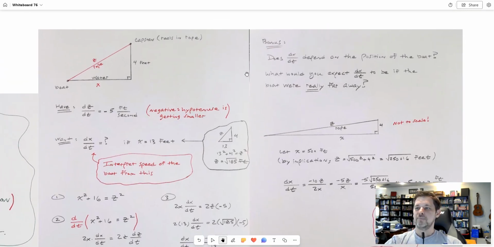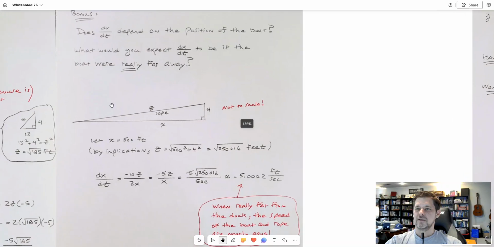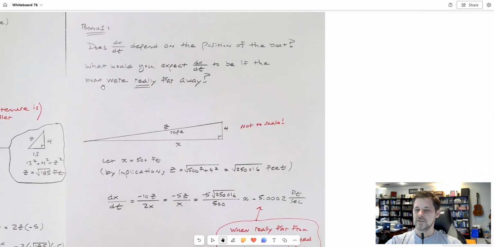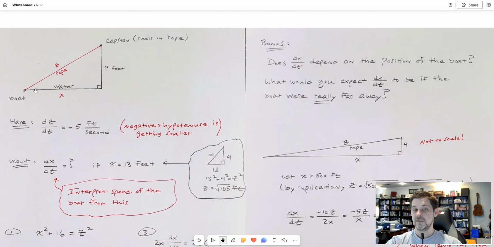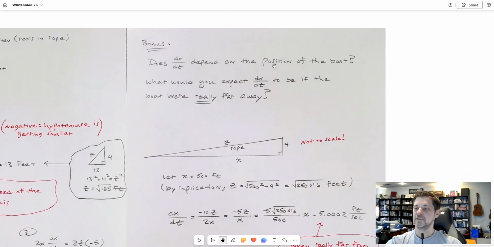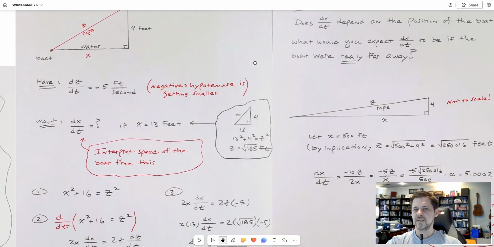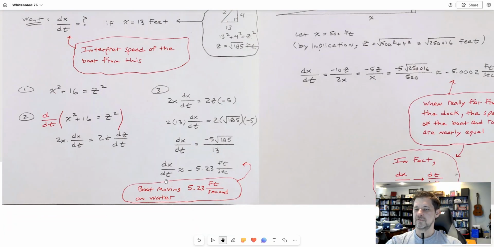Now, as a bonus, I want to explore this a little bit more. I've already answered the question on my math lab, and if you're happy with that, that's fine. But I'm curious for you to think about this. Does dx over dt, which we can interpret as the speed of the boat on the water, depend on the position of the boat? If the boat were further away or closer, would we get a different number for dx over dt?